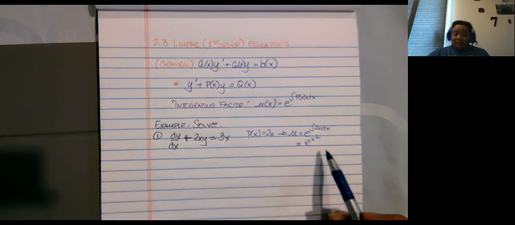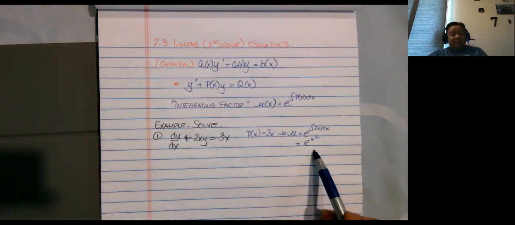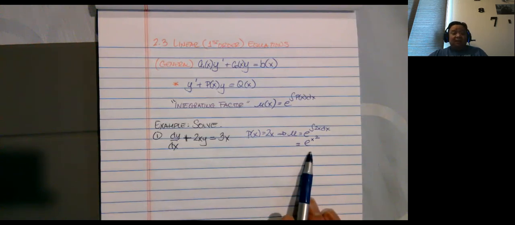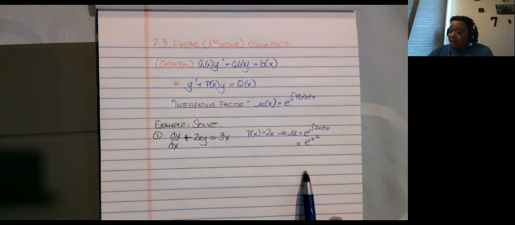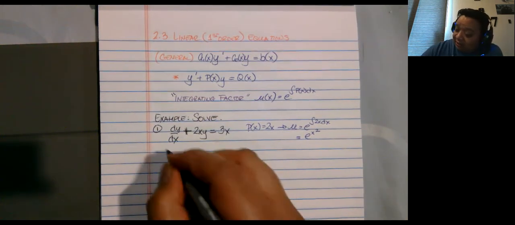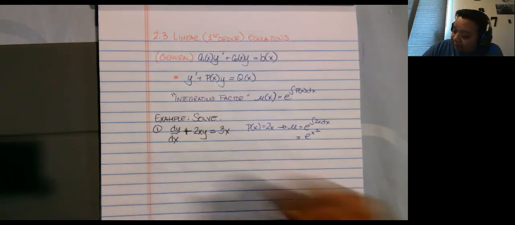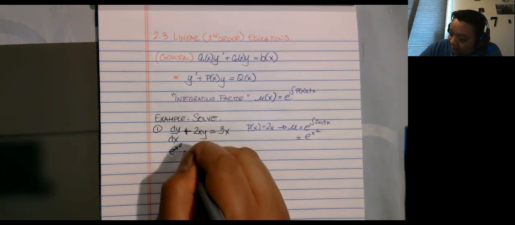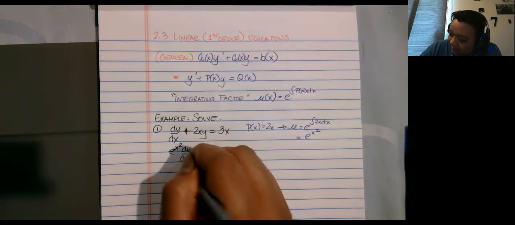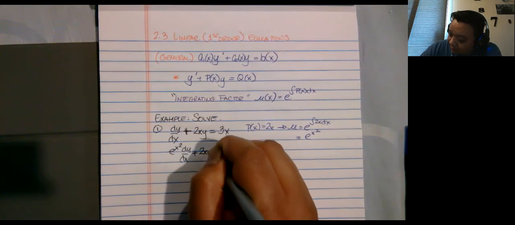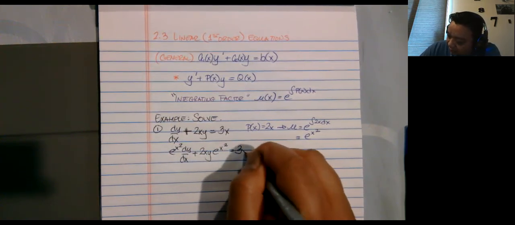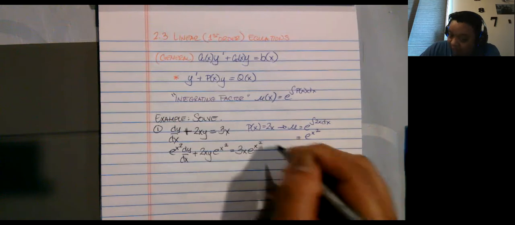Now, it's called a factor for a reason. This is what you multiply to everything. So I'm now going to multiply e to the x squared on both sides. And so this gives me e to the x squared dy dx plus 2xy e to the x squared is equal to 3x e to the x squared.